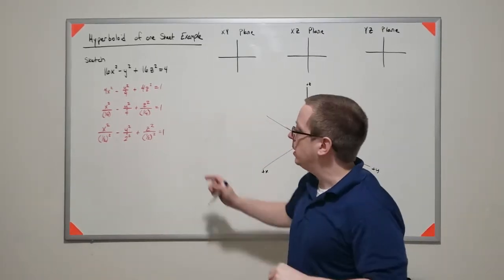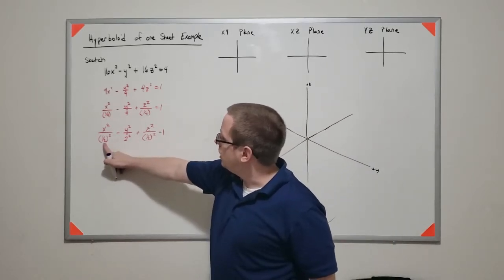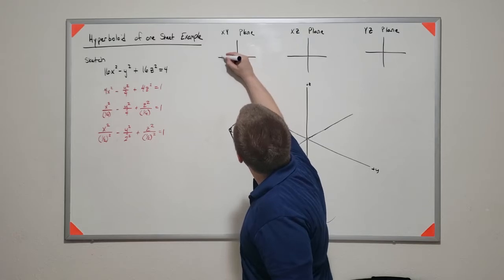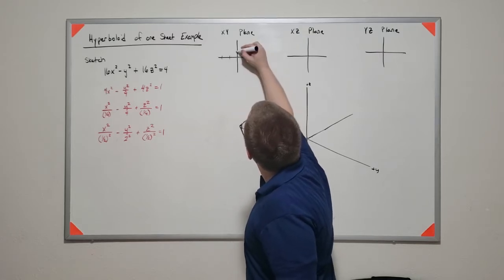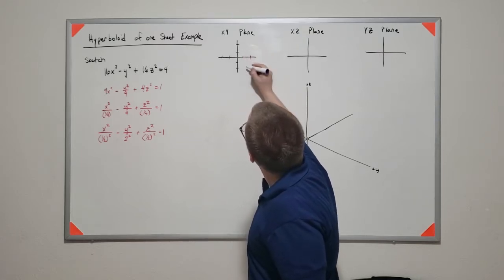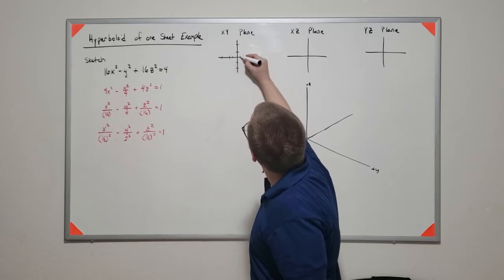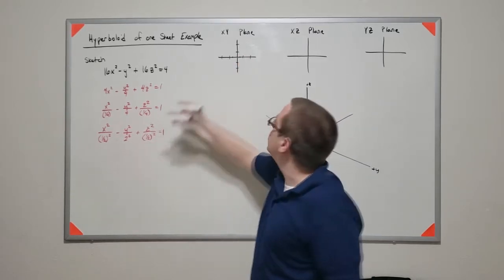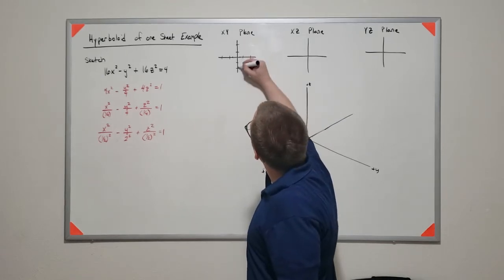So I'll show you what I mean. x has this 1/2, so that tells me x is negative half and positive half. And y has a 2, so that tells me y is positive 2, negative 2.